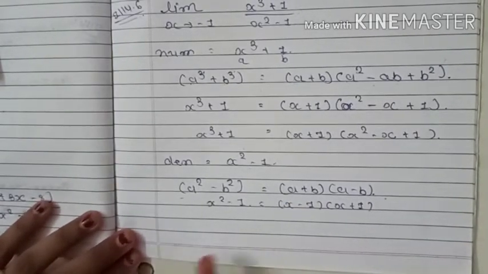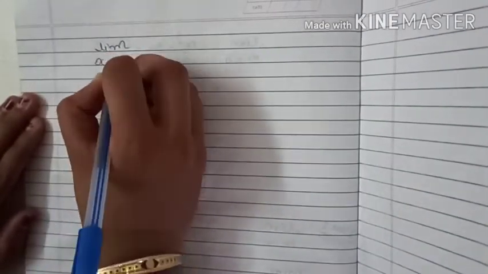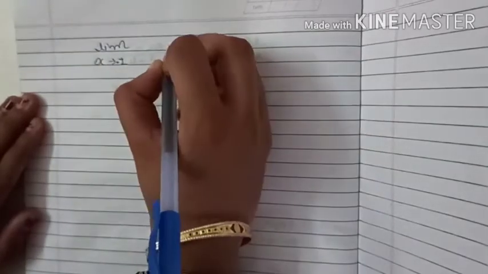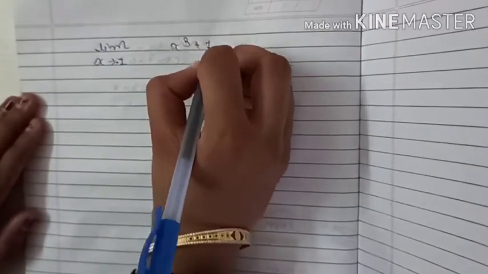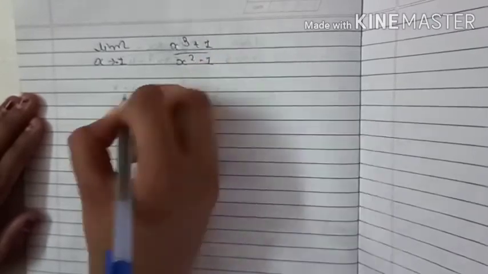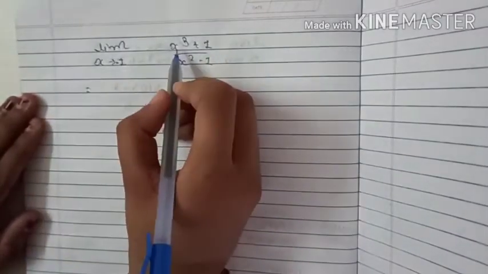Right? Let's put it into our limit function. So limit x tends to minus 1, x cube plus 1 upon x square minus 1. What will be the answer of x cube plus 1?